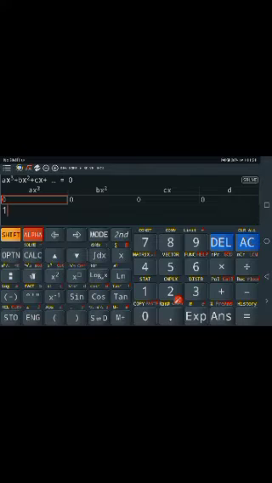A is 1 equal to, b is 0 equal to, c is minus 600 equal to, d is 4000 equal to. So now we press equal to again, get x1 20, x2 minus 27.32 and x3 7.32.